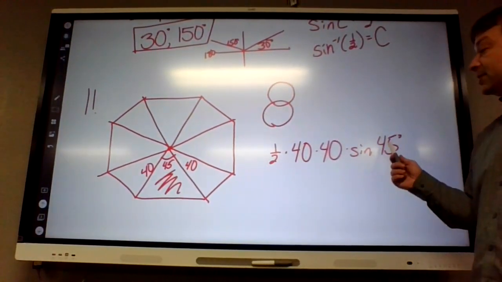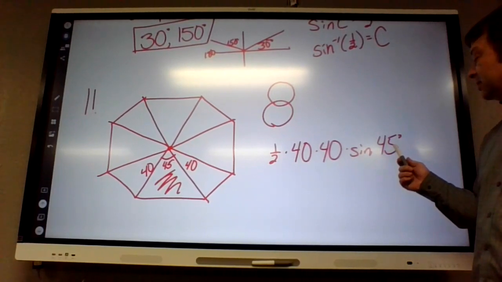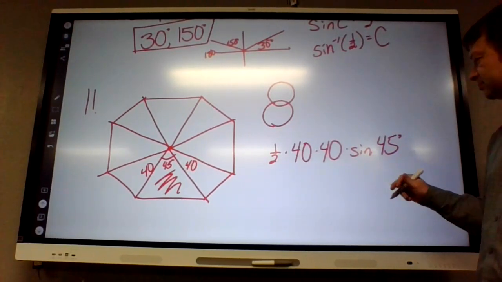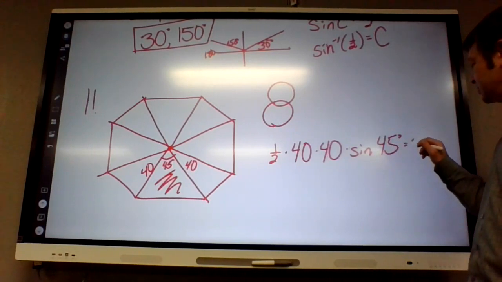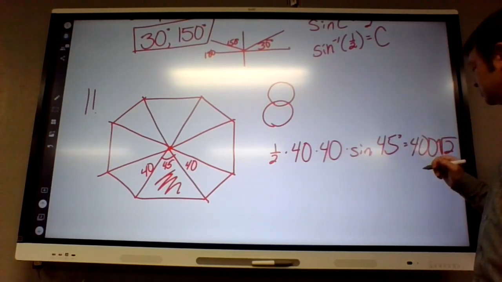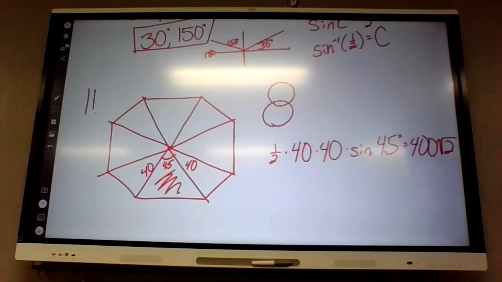Sine of 45 is like square root 2 over 2, I think. I think it's like 400 square root 2, isn't it? Yeah, I got 565.7.